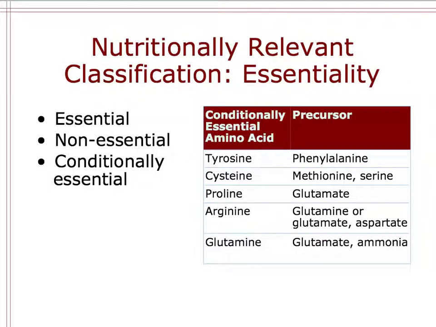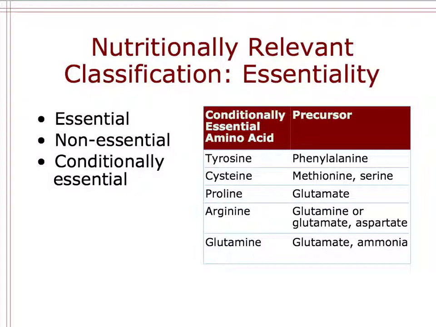Another way to classify amino acids that is particularly relevant in the nutritional world is the essentiality. By this, we look at whether the amino acid is essential, non-essential, or conditionally essential. Remember, in the nutrition world, when we say essential, it doesn't mean that our body does or doesn't need it. It really is talking about whether we need to get it from outside the body or our body can make it itself.